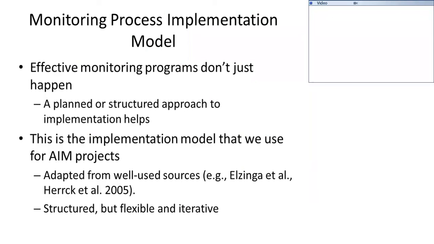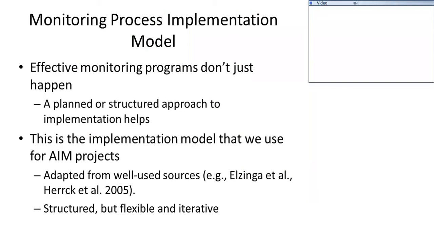But effective monitoring programs don't just happen. There's a lot of work that goes into them, so we need a planned, structured implementation approach. This model that we've developed over the 4 or 5 years that we've been doing this is adapted from a lot of well-known and well-used sources: the Measuring and Monitoring Plant Populations book by Elzinga et al., and the original monitoring manual.